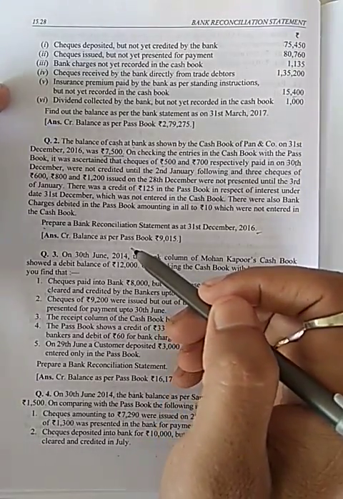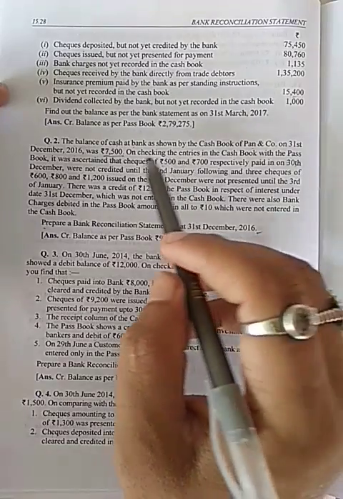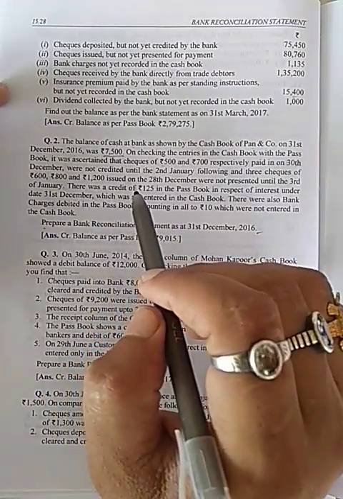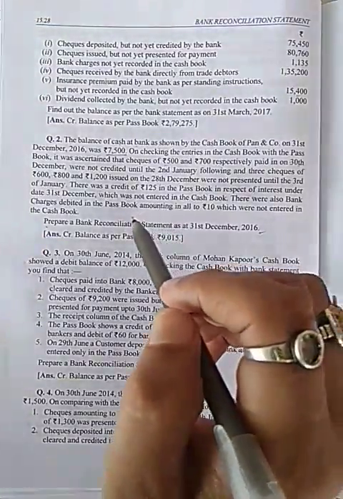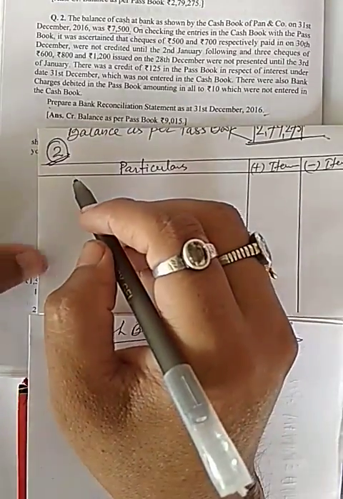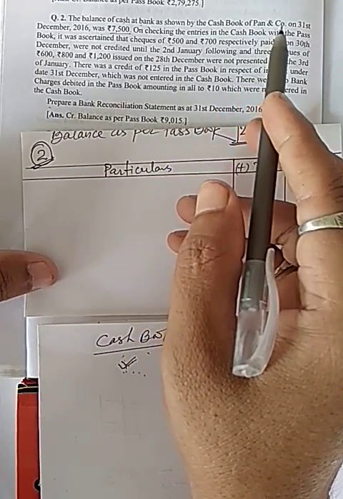Now we have to prepare the format, and I will put all the items related to plus side and minus side. So let us see the format. Now students, this is the format of Pan and Company.